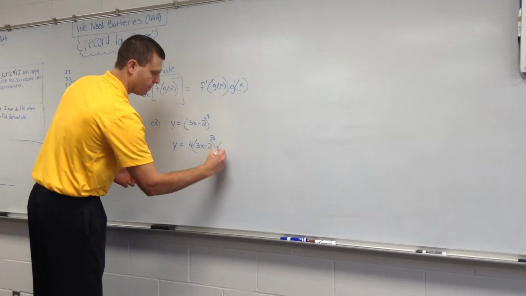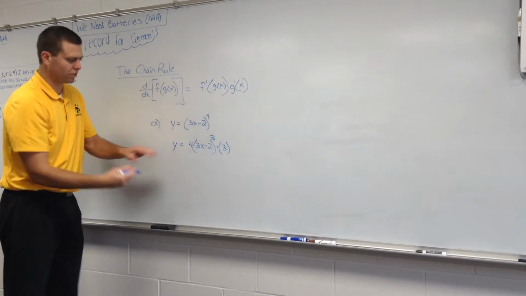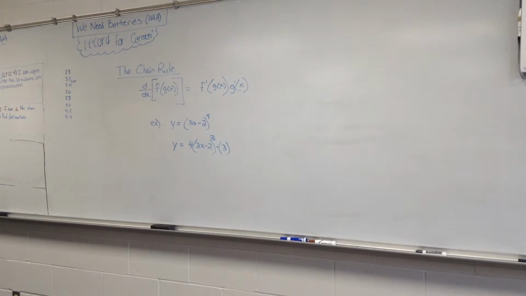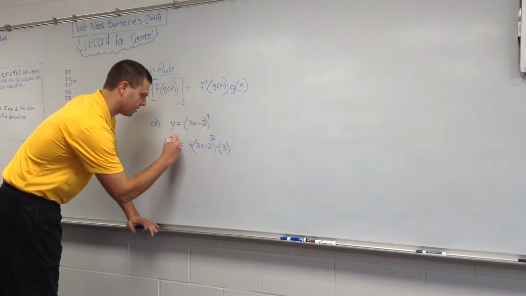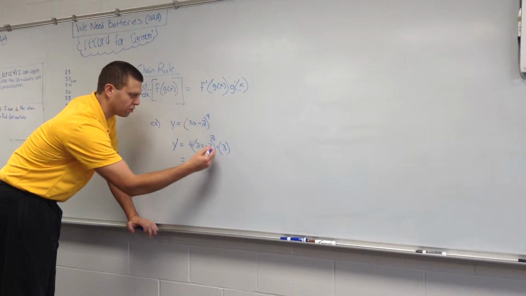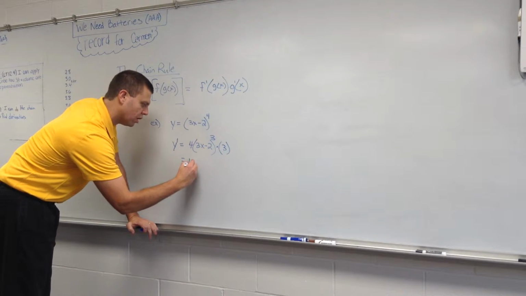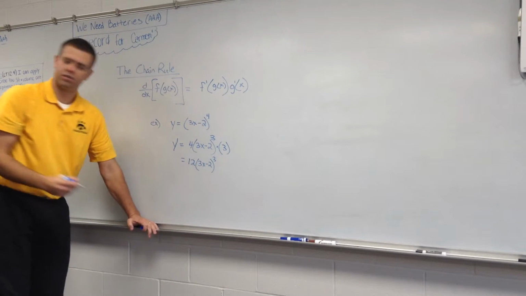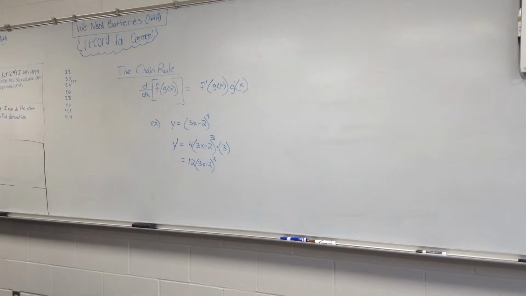Because what's the derivative of 3x minus 2? 3. Just 3. I would want you to simplify that. So y prime equals 4 times 3x minus 2 to the 3rd times 3, which ends up being 12 times 3x minus 2 to the 3rd, and that is as far as I would want you to go on that.